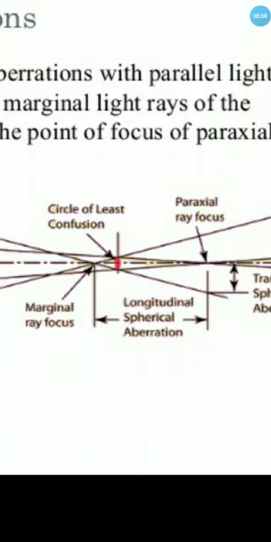Only at one particular point, shown in the figure as a red circle, does the image appear more clearly. That circle is called the circle of least confusion. The radius of that circle of least confusion is called transverse spherical aberration or lateral spherical aberration.